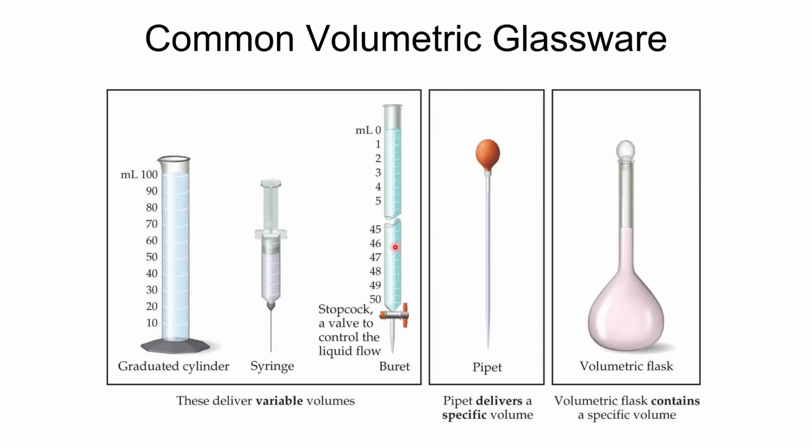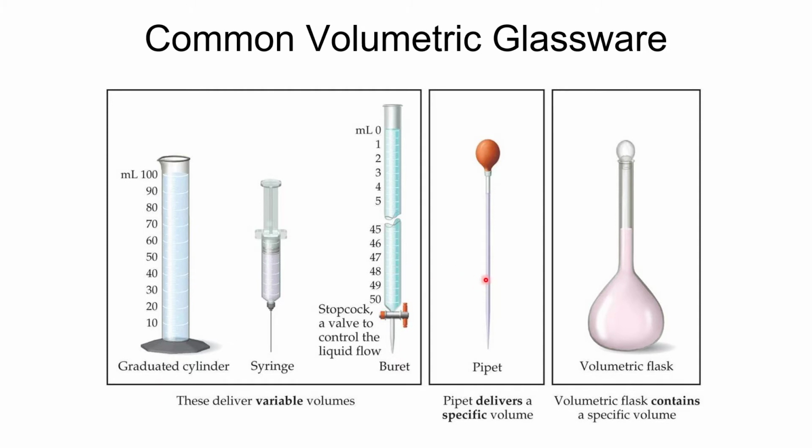All right, so we've got different things that we can use for measuring volume. Graduated cylinders, we use quite a bit in the lab. If you're doing synthesis, syringes are really nice because you can measure out volume very accurately and keep it from getting exposed to air. If you've got something that's sensitive to air or water, syringes are really nice. Burettes, we use quite a bit for things like titrations, and we've got a titration lab this semester, and we will get that all set up.